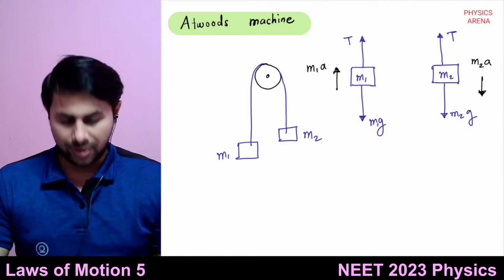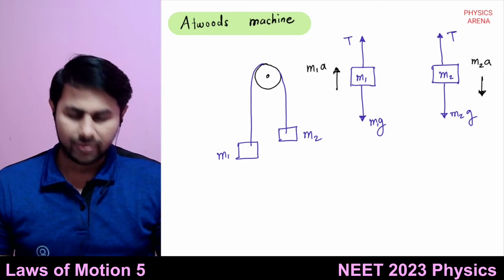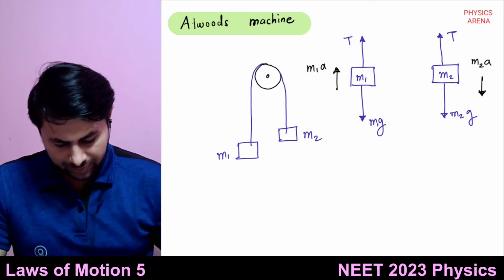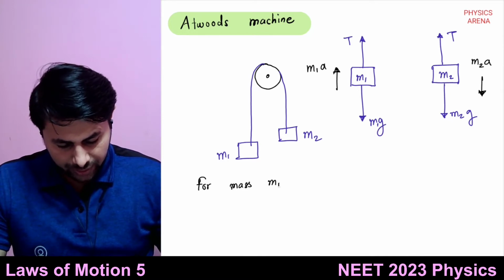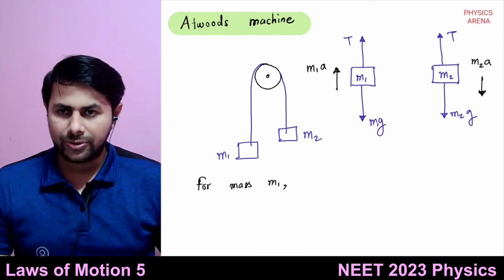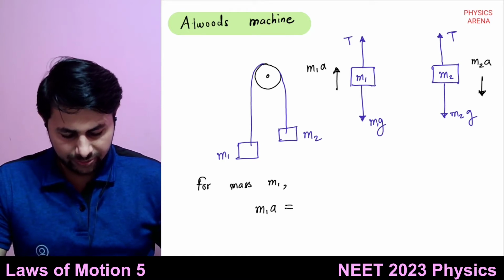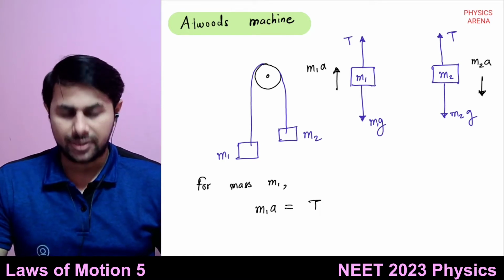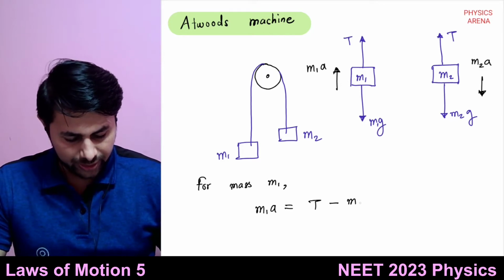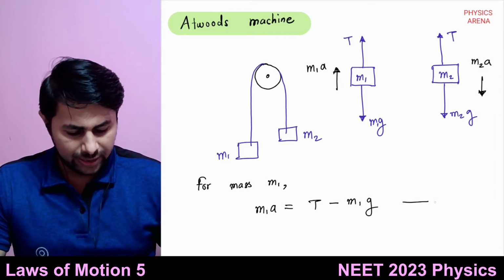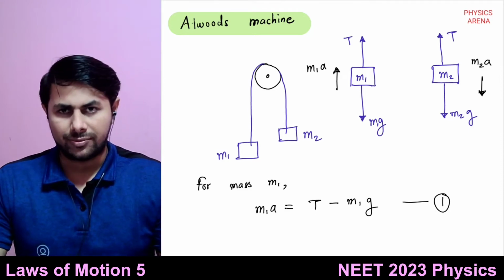So now we can solve this. For mass m1, we can write that net force is in the upwards direction. So m1 times a is equal to total upward force T minus total downward force m1 times g. Let's call this equation number 1.